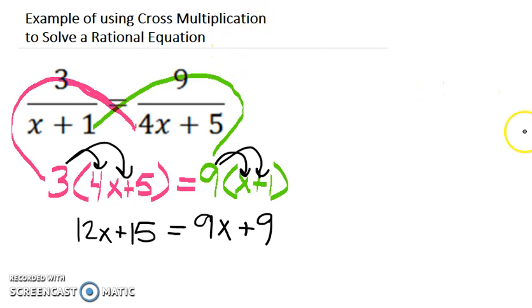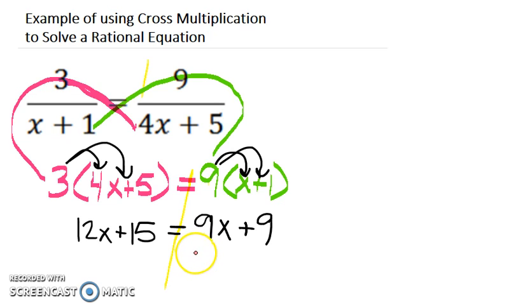Now my goal when solving is always to get x by itself. So I have a 12x on the left side of the equal sign and a 9x on the right side of the equal sign. So I want to move one to the other. I personally would move the smaller valued x term to the other side.